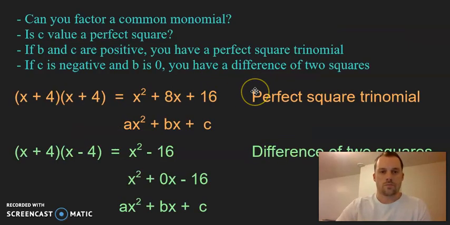As always, we want to see if there's a common monomial we can take out to simplify. But the main thing is we're looking at the c value and checking if it's a perfect square. So the two examples I have here, I have 16 as our c value, and that's a perfect square. Square root of 16 is 4, so you see we've got 4s in our factors here.